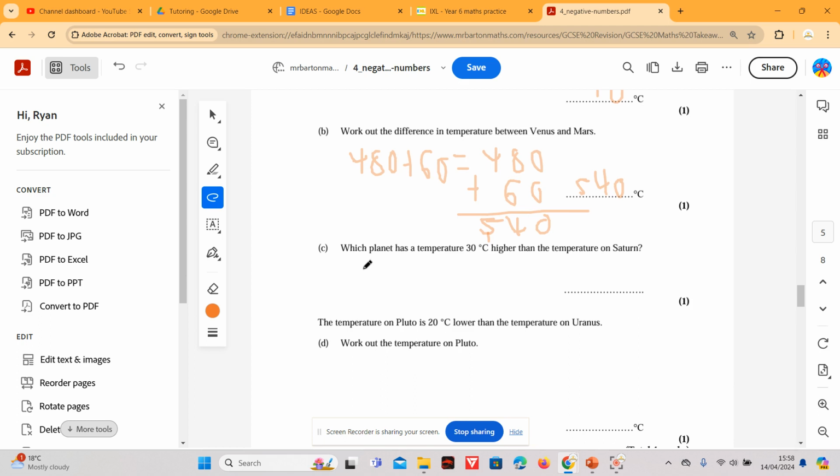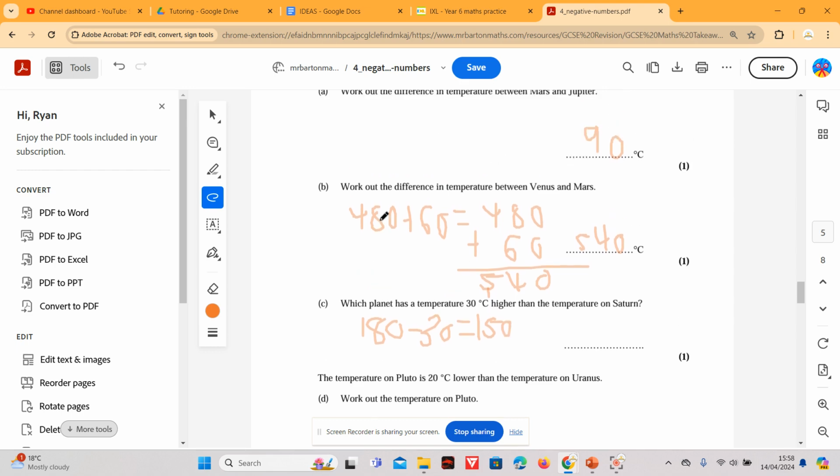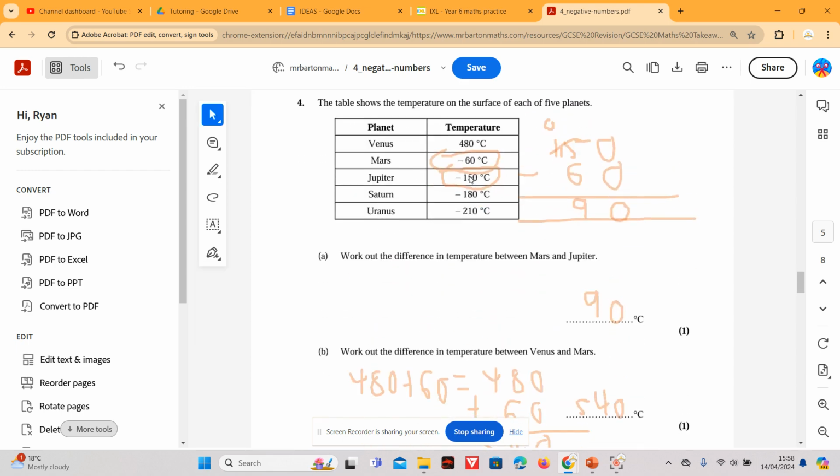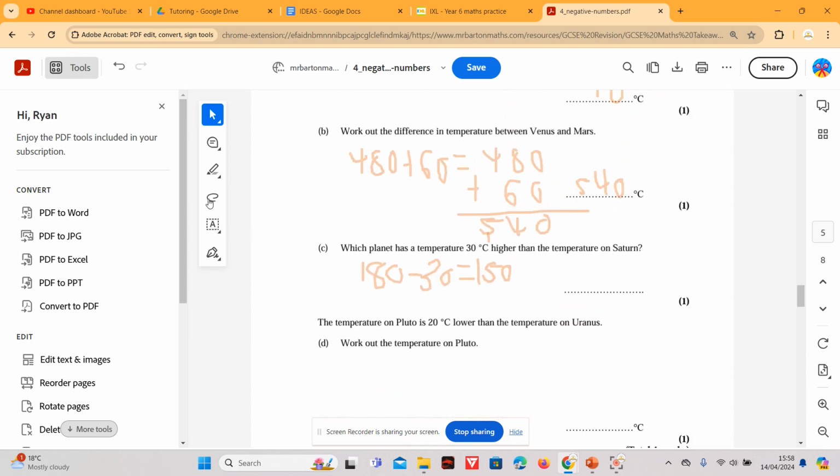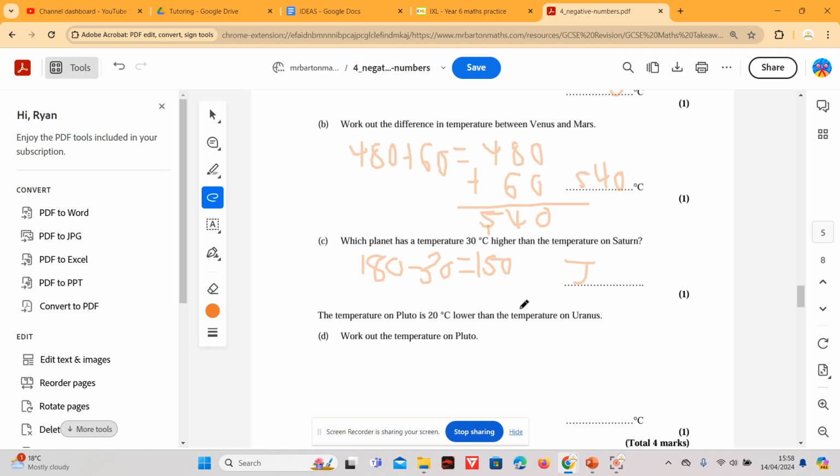So we do 180 take away 30, and that'll get you 150. And if we go up, is there a temperature of 150? Yes, there is. There's a minus 150 there, which is Jupiter. So therefore, Jupiter, I'm just going to put a J for this, will go in your answer.